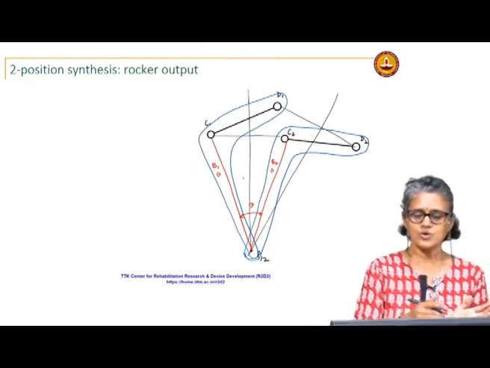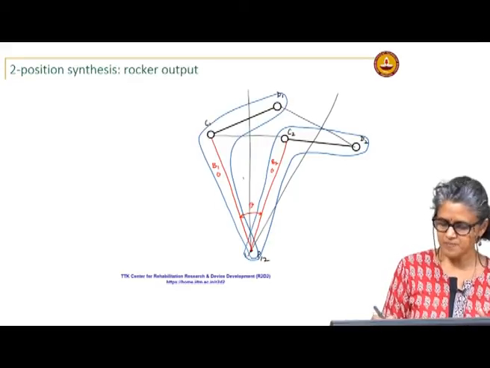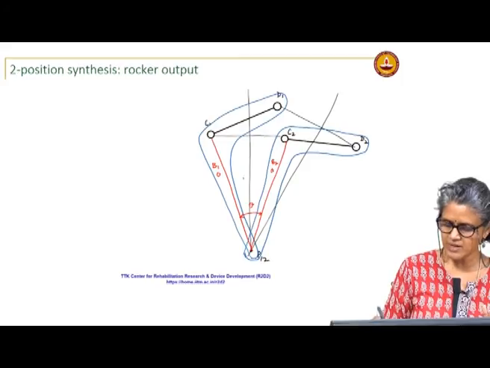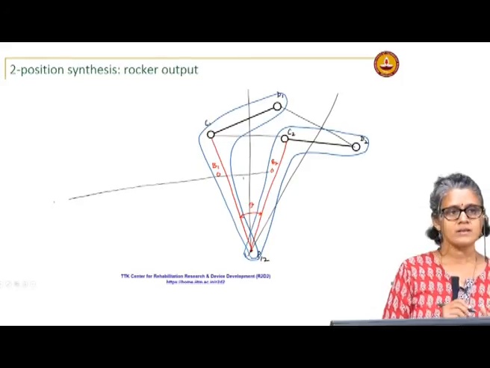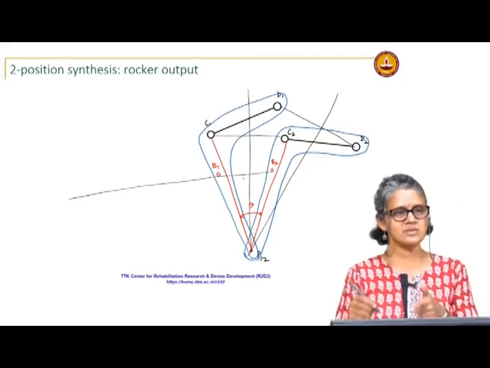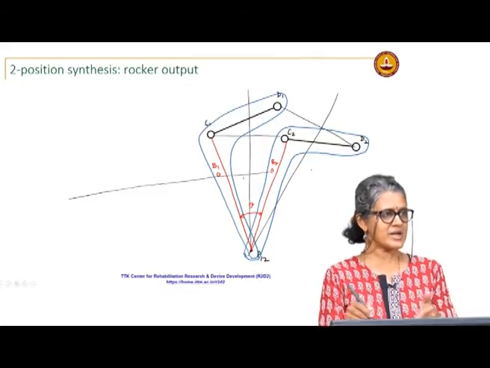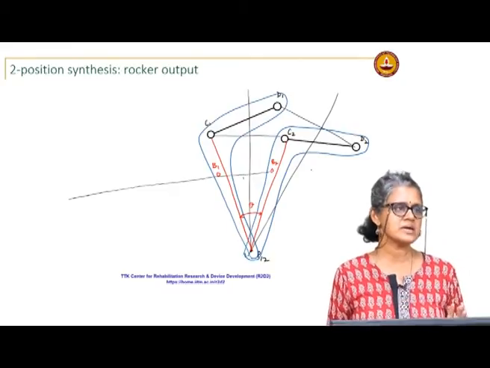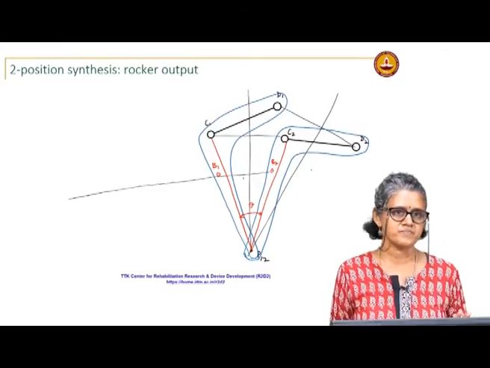Then I can do my construction similar to what I did earlier: find half of B1 B2, use that as my crank length and complete my crank rocker synthesis.